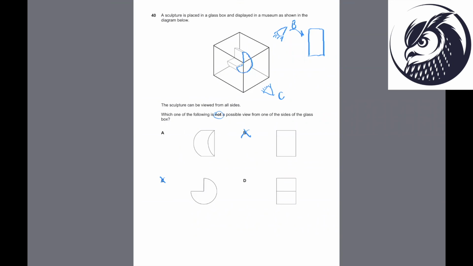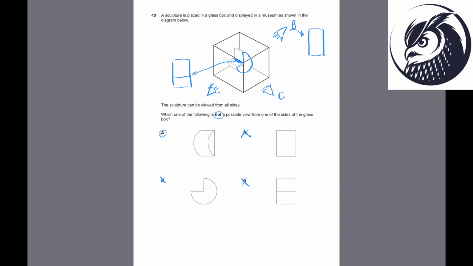And then lastly, if you look from in front of the cube, what you will see is also the rectangle, but because there is this line here in the middle, you're also going to be able to visualize that line, since that little quadrant of the cylinder has been cut out. And so that line is going to transpose to here in the frontwards viewing position, and therefore option D is also possible. And that leaves us with A.